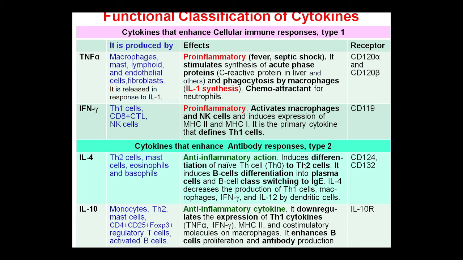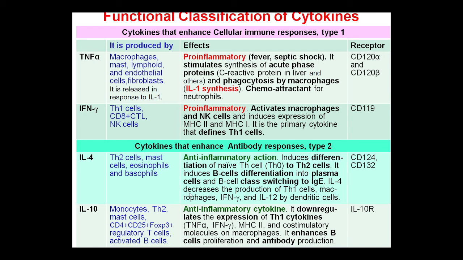This is the type of T helper that is responsible for secretion of interleukin 4. It induces B cell differentiation into plasma cells and B cell class switching to immunoglobulin E. What we told about this. It means prevalence of interleukin 4 stimulates switching of antibody synthesis to immunoglobulin E.